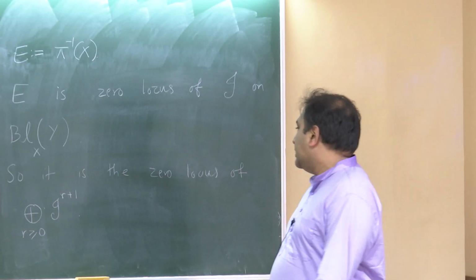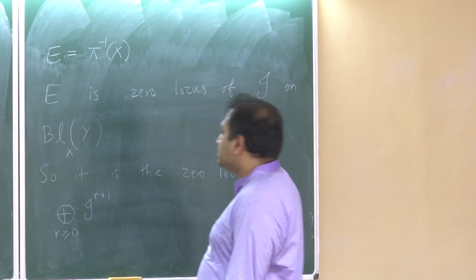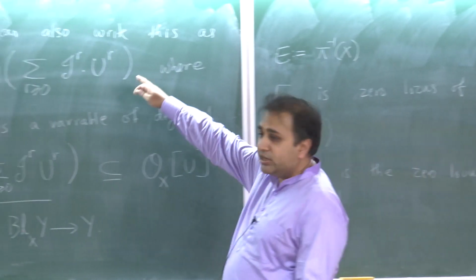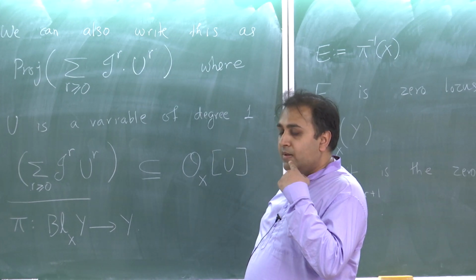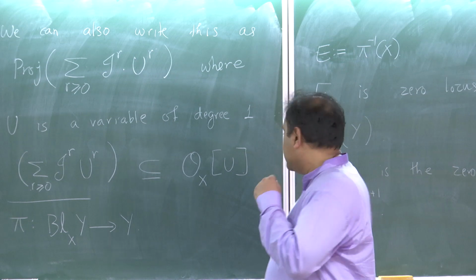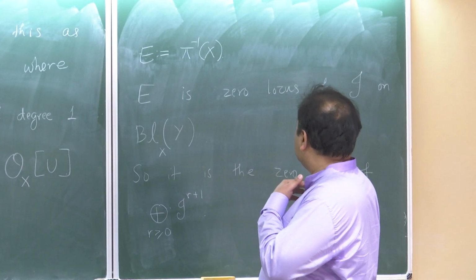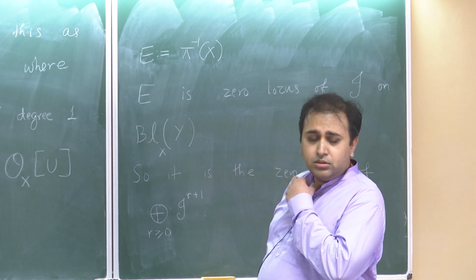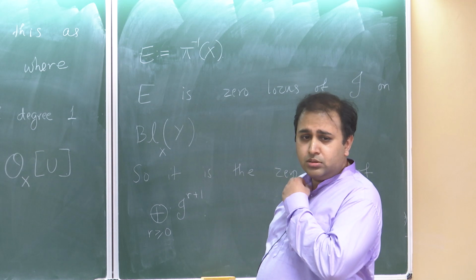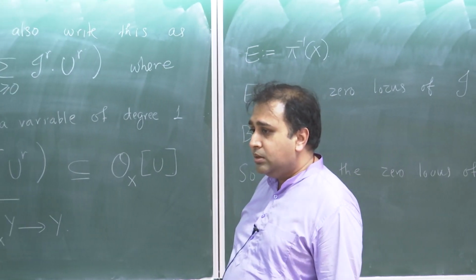You want some notation to indicate this. It's the locus of an ideal sheaf, but the ideal sheaf is downstairs. Then you pull the ideal up to the blow-up. So this corresponds to the Cartier divisor of the invertible sheaf. What's the name of the sheaf upstairs?